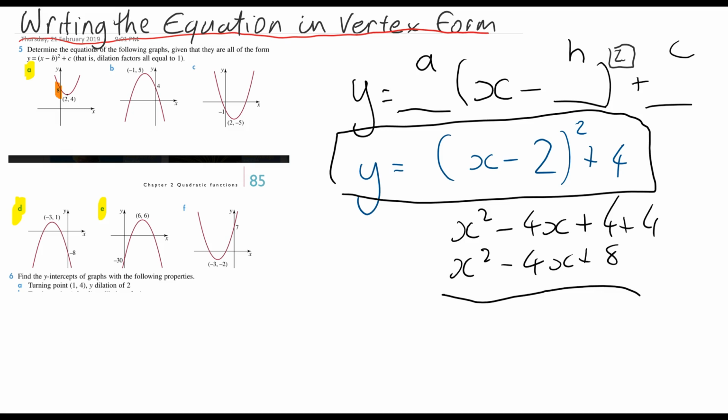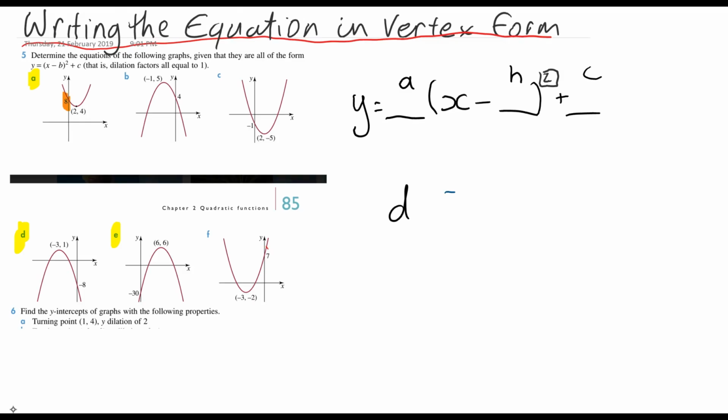Cool. Pause the video, have a go at D and E. I will do them very quickly after, so you can have a watch if you get stuck. D, the x value of my vertex is minus 3. Now I've got a minus in the equation, so I've got to go x plus 3, because when it's minus over here, it's plus over here.